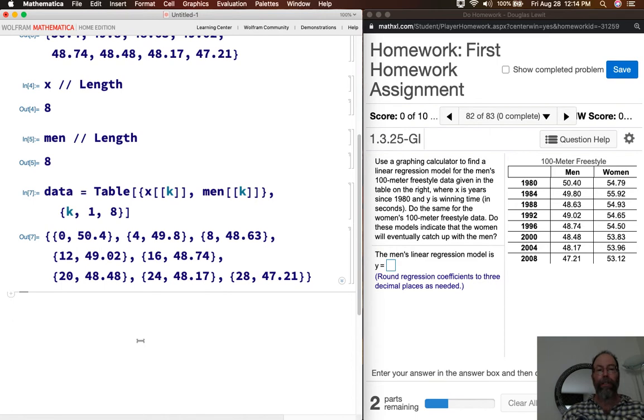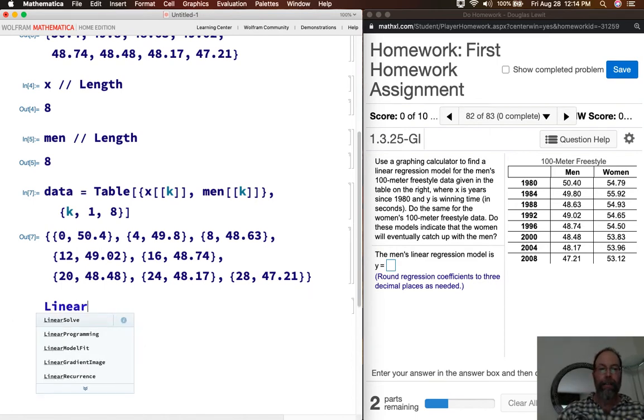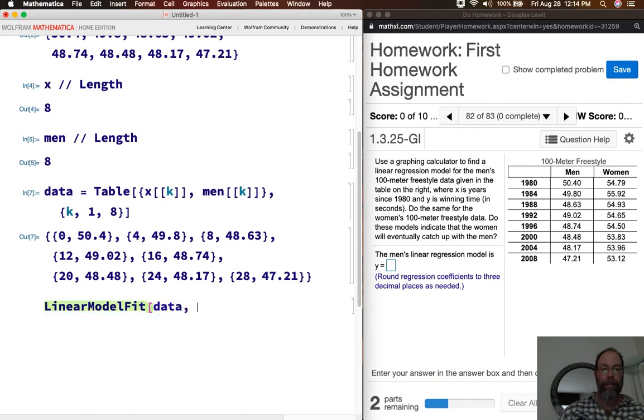So then if I want to use LinearModelFit, data, and for this particular one, when you look at the help information, this can get a little bit confusing.